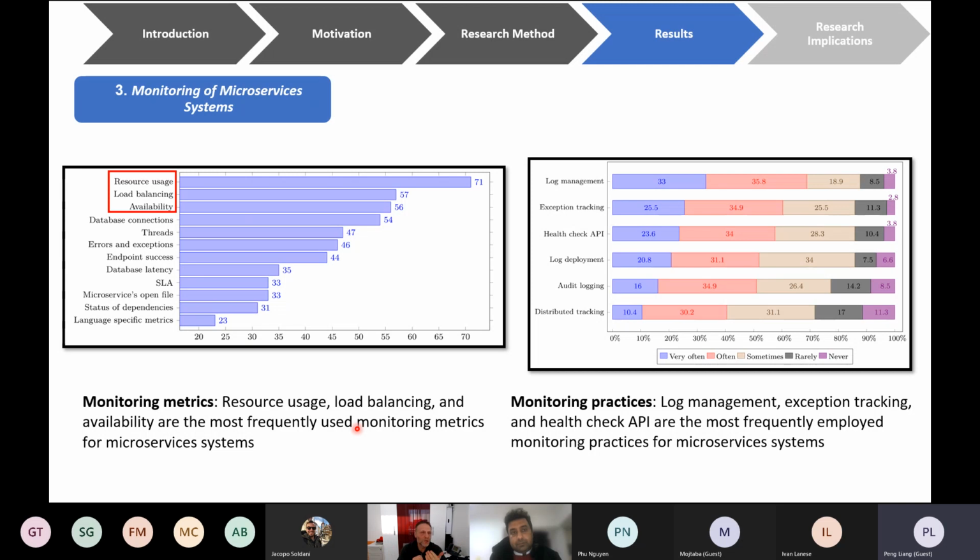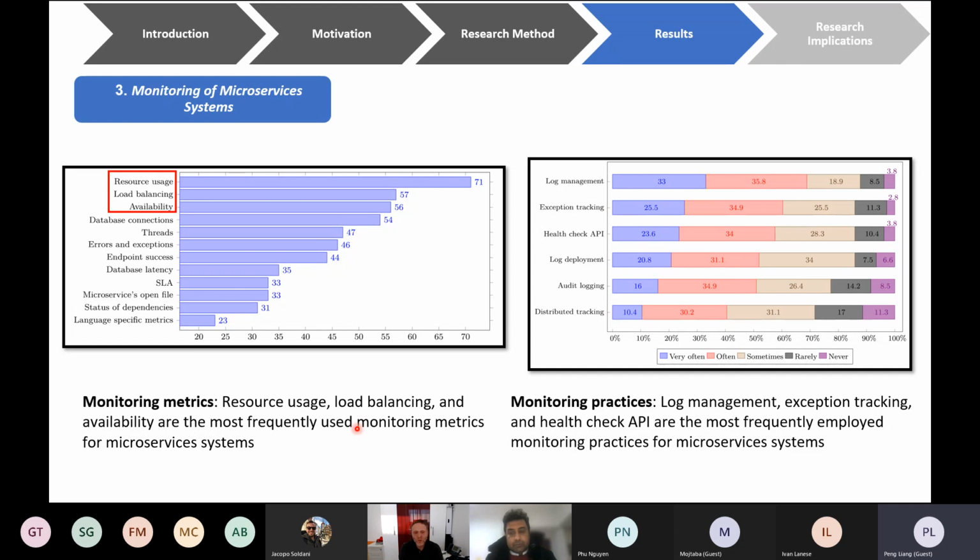Also, they use them from a financial point of view. In particular, they use them to estimate the budget, and it is particularly important when the microservices system uses, for example, a cloud, and this cloud can cost. So it's quite important to monitor how many virtual machines or containers are running, and so on and so forth.